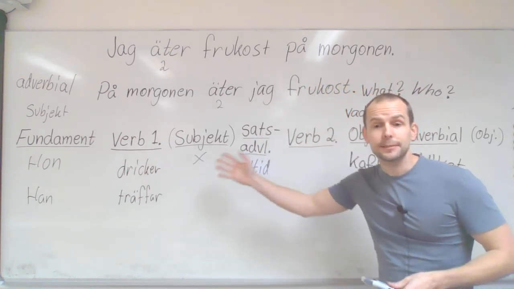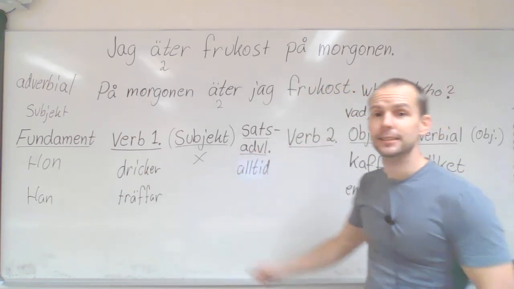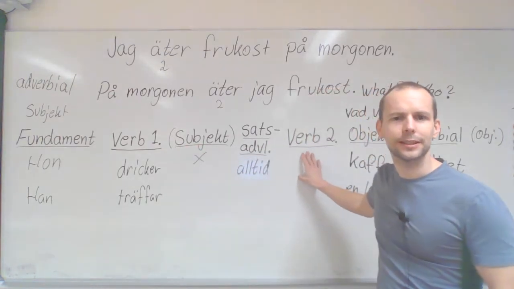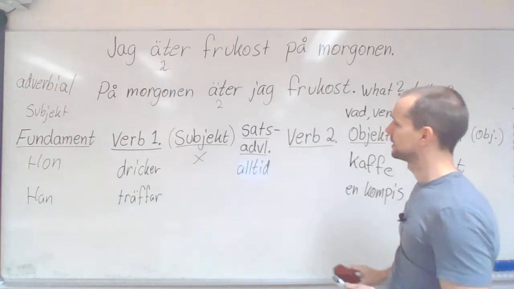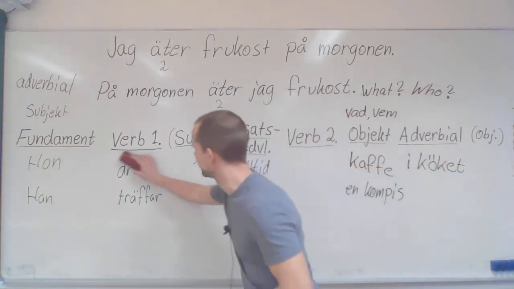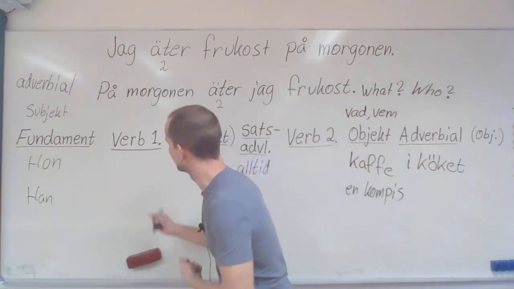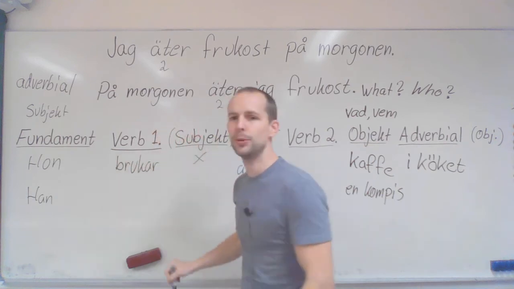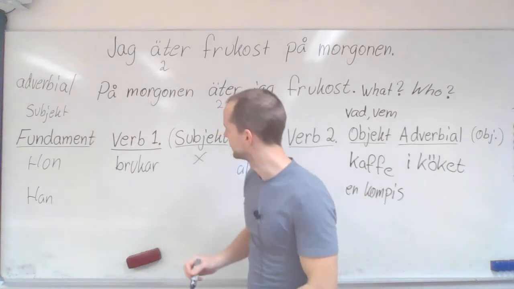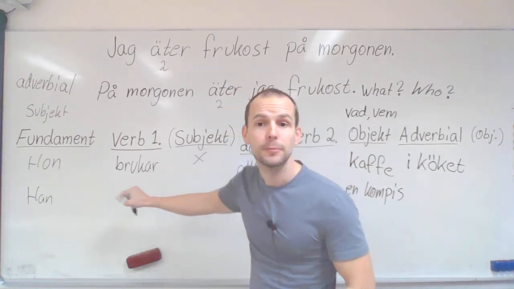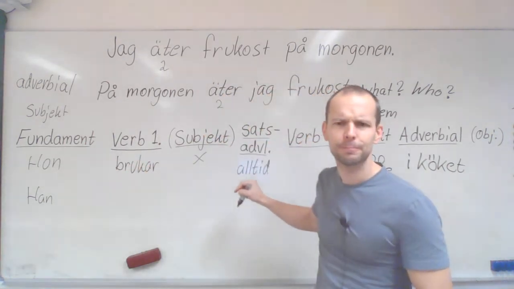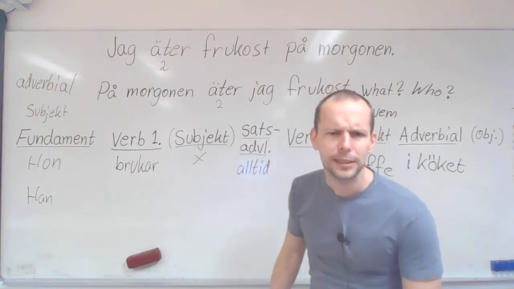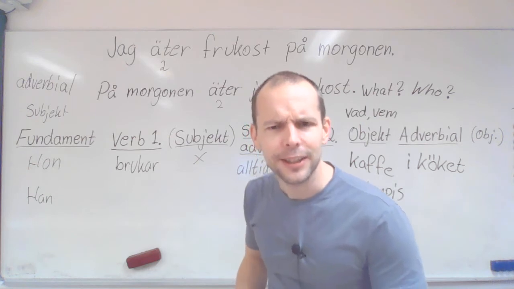Right. So this is satsschema. Oh, we didn't use the second verb. We can do it like this. Hon brukar. Usually. She usually. Always. She always usually. It becomes a bit strange in English.